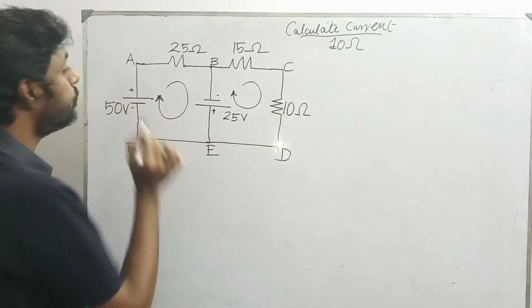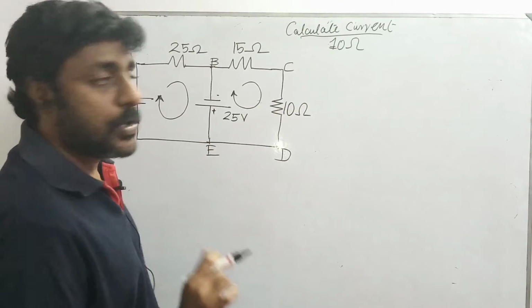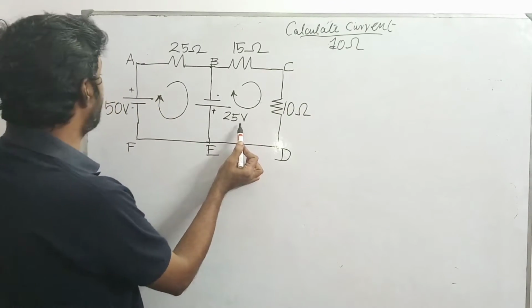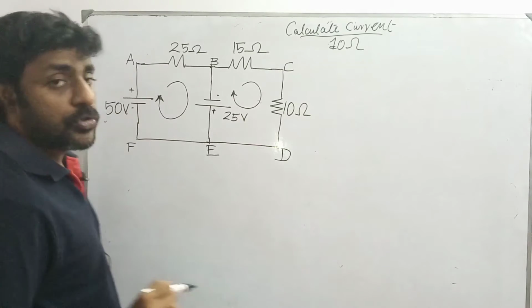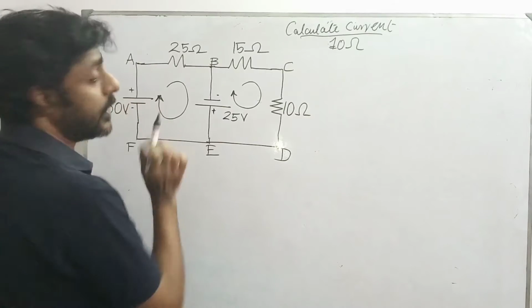Now you need to mark the direction of currents. How are we going to mark the direction of currents? See, this battery value is 25, this battery value is 50. So this battery has a higher voltage, so let us start with the higher voltage.